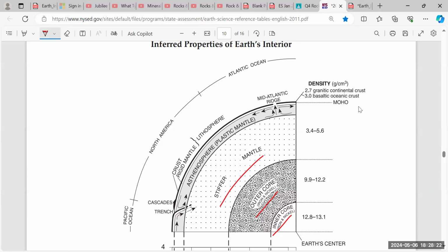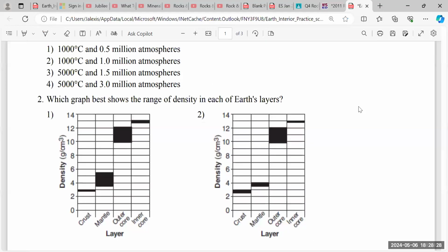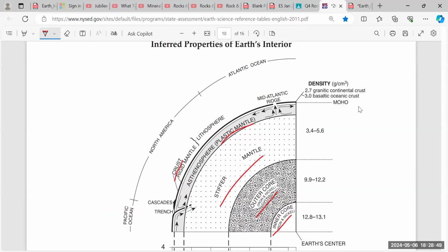The question is focusing on 4 specific layers: the crust, the mantle, the outer core, and the inner core. So let me find the density for each. In the crust, we have the continental crust, which is 2.7, and the oceanic crust, which is 3.0. So the crust is going to have this range between 2.7 and 3.0.